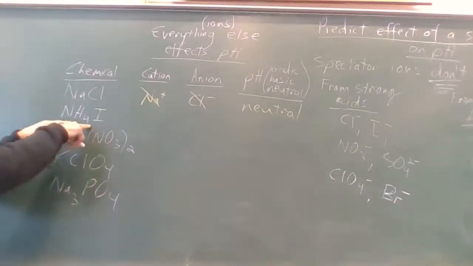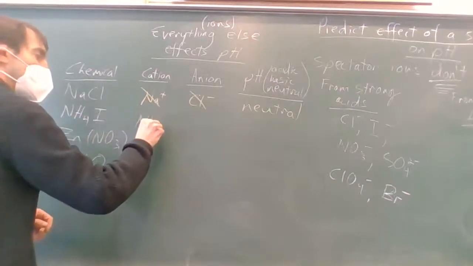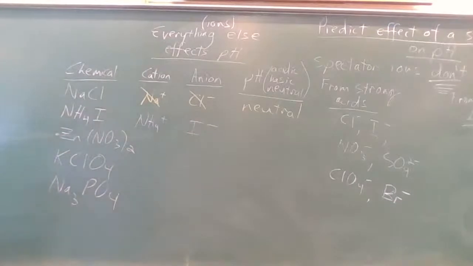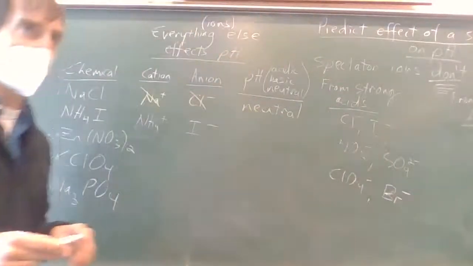Feeney, give me the cation and the anion here. Is either of those something I could cross out, Feeney? Just look and see. Are they over here from the strong acid or strong base? It's not hard.